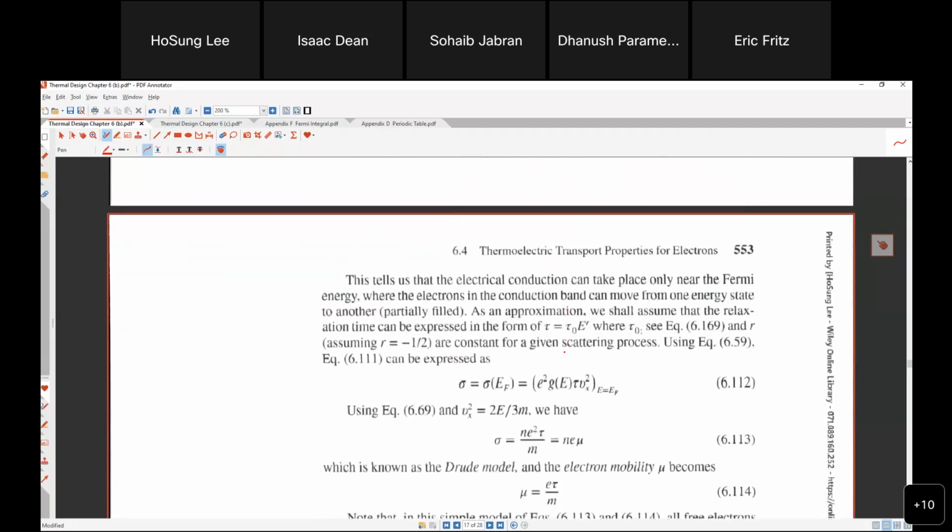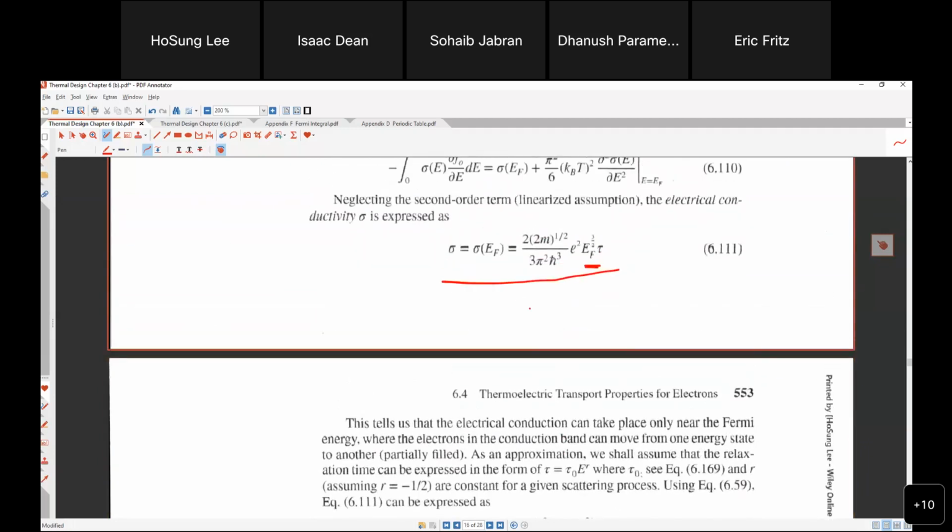But still, we can see some important information, although it is an assumption. What is that? Electrical conductivity is determined by the Fermi energy.